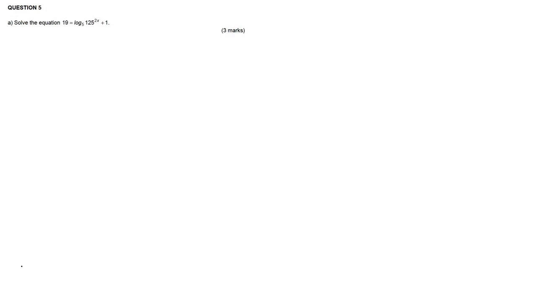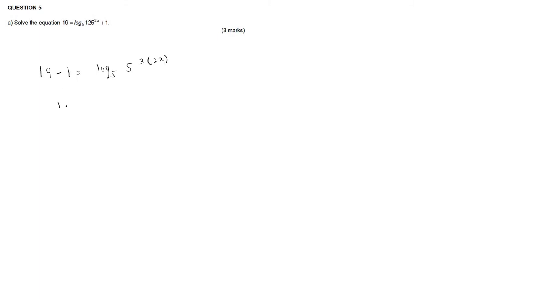Question 5. Okay, log. The easiest way is to bring 1 to the left. 90 minus 1 because both are constant. 125 is 5 power 3 and put the original index or power in a bracket.